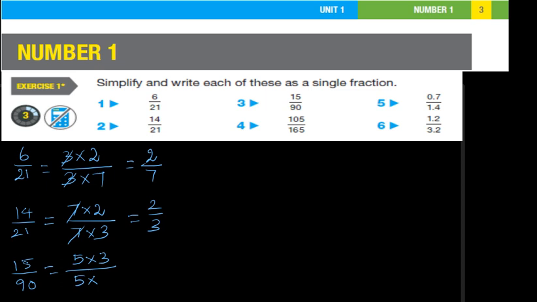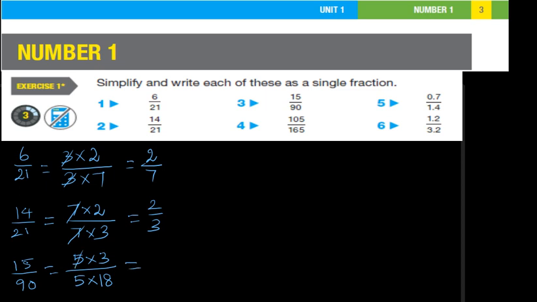To find the number, we divide 90 by 5. 1 5 is 5 and the remainder is 4, 40. 8 5s are 40. So 5 into 18 is equal to 90, as well as 5 into 3 equal to 15.